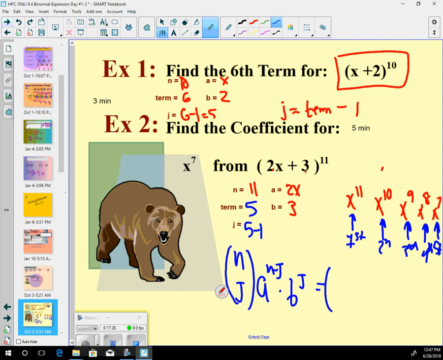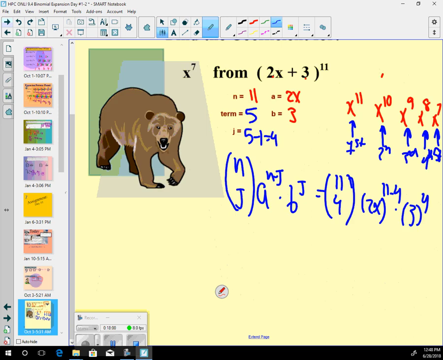So this will be 11 choose 4, a to the 11 minus 4, and a we already know is 2x. So (2x) to the 11 minus 4, and then b is going to be 3 to the 4th. Use your calculator to find 11 choose 4. Don't forget 2 to the 7th power times 3 to the 4th times x to the 7th.